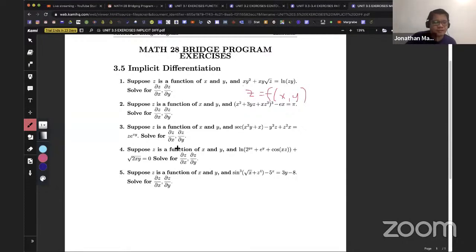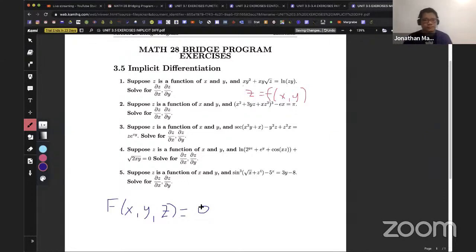So sa implicit differentiation, meron tayong function f of x, y, z equals 0. Okay? So ibig sabihin, si x, y, and z magkakasama na sa equation na to. Then, sa right-hand side, gagawin mo lang 0.